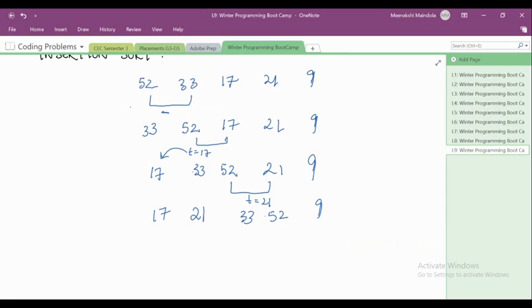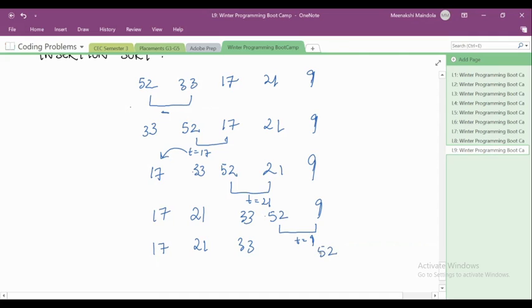Okay, so let us look at it once again for the last element. You compare these two elements and you say that I am going to keep 9 in a temporary variable and first copy 52 at its correct position, because once I compared them I saw that 9 is less than 52, so I am going to place 52 here.